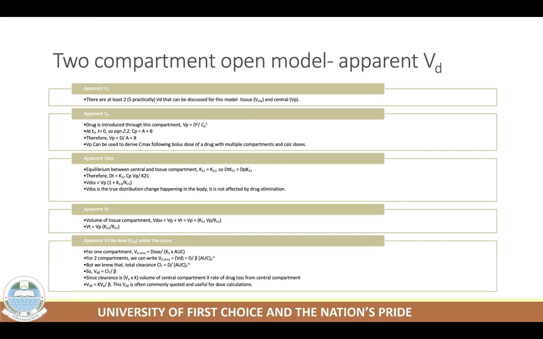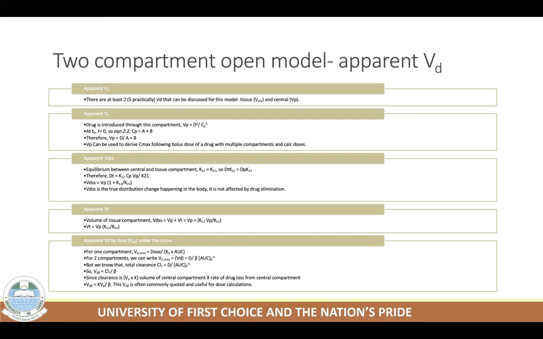Okay, so this shows us that the volume of distribution by area can be determined in terms of the rate constant for overall elimination and loss of drug from the central compartment. So therefore, we can write another equation where we say the total clearance is also equal to the clearance from the central compartment, since clearance only happens from the central compartment.